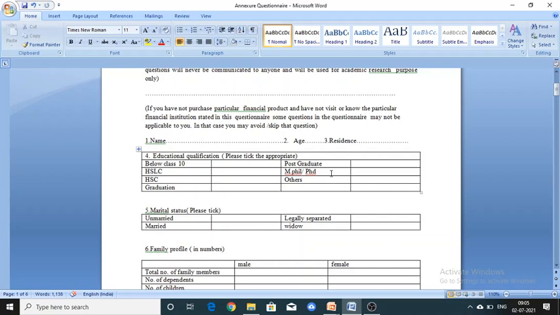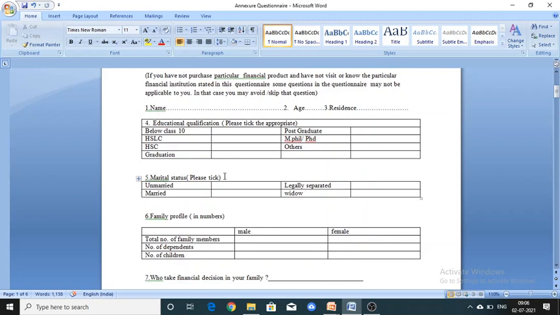So in others, the respondent can mention their educational qualification. In practice, besides the specified categories, an other option also needs to be given depending on the type of question.